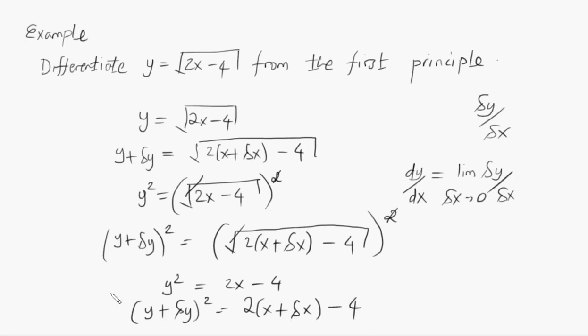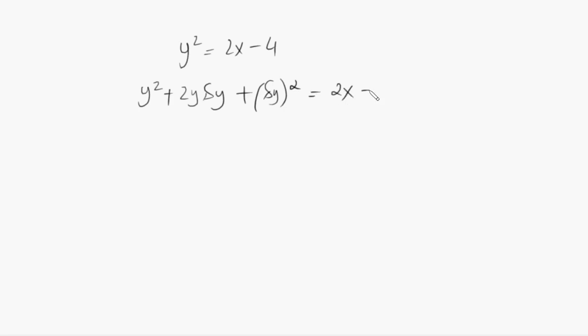Once you are here now, we can subtract, but before we subtract, let's expand this one down here. So I have y squared is equal to 2x minus 4, and expanding that one will be y squared plus 2y delta y plus delta y squared is equal to 2x plus 2 delta x minus 4.